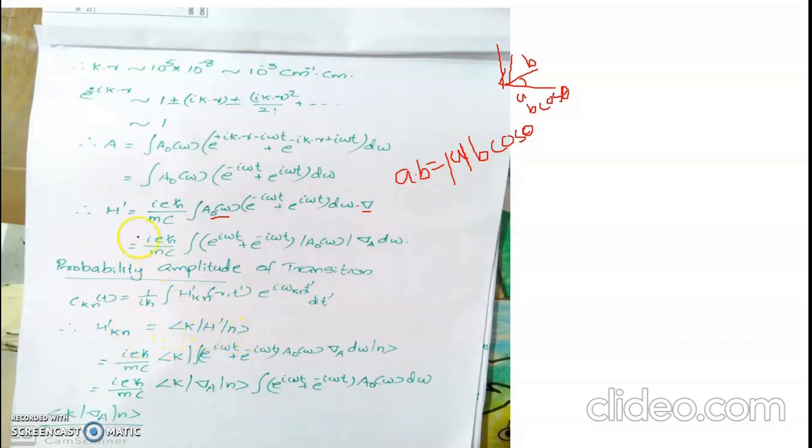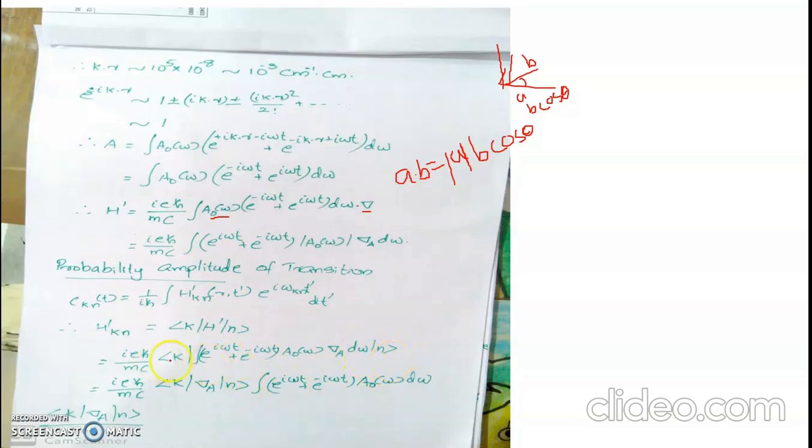Here h prime is to be replaced by means of this expression. So this is equal to, we replace h prime by means of this one, where i e h cross by mc is a constant, i e h cross by mc, scalar product k. What remains in h prime is integral e raised to i omega t plus e raised to minus i omega t, A0 of omega, into the component of the grad operator along the direction of the wave vector, d omega ket n.